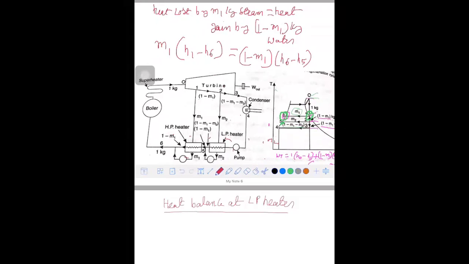So we'll go with the heat balance at the LP heater. Yes, this is the way.